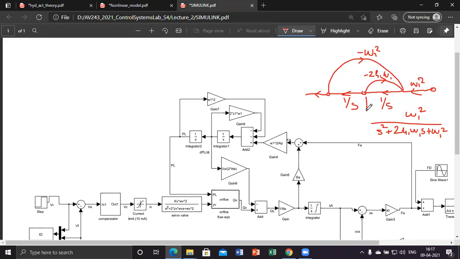And this can be tapped as the derivative part, and this can be tapped as the actual PL path. So a new PL we are deriving here, this is the PL dot. Actually, these PL and PL dot are passed through a second order dynamic filter to remove this algebraic loop problem.